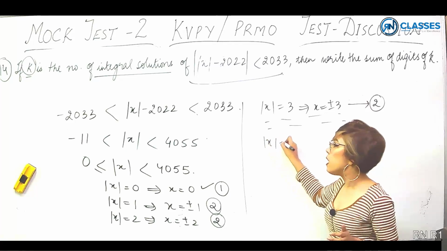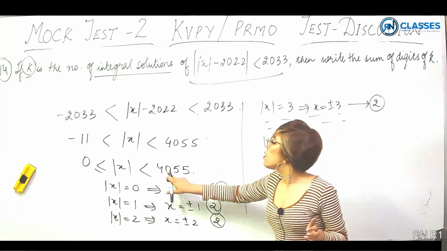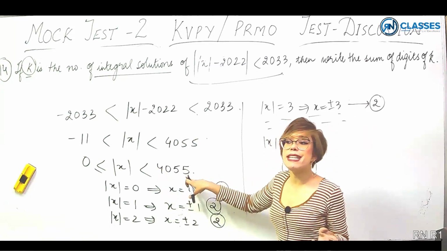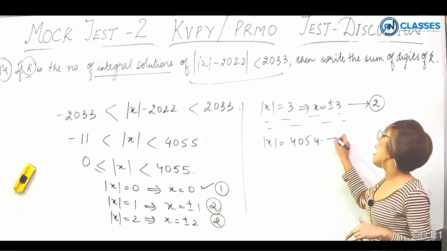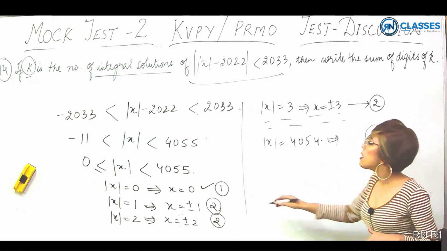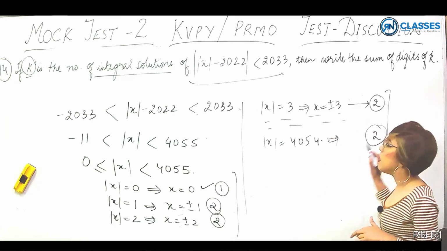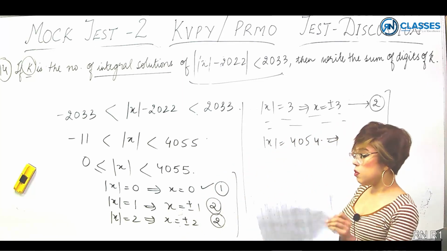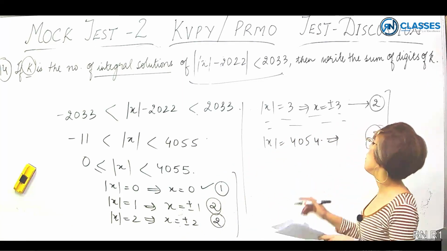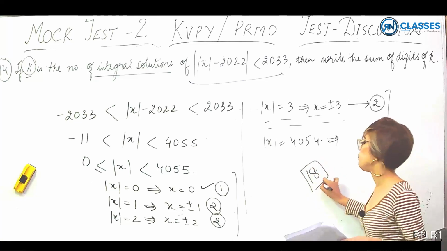Mod of x goes up to the integer less than 4055, that is 4054. Again you will get two solutions. Just add these numbers and you'll get the answer for k, and the sum of digits of k turns out to be 18, which is the answer.